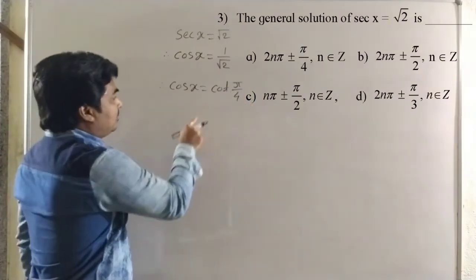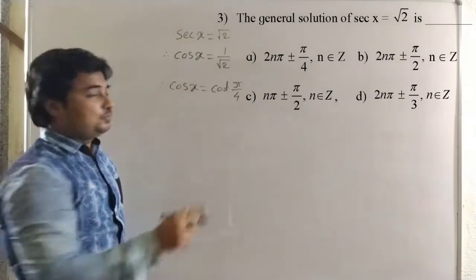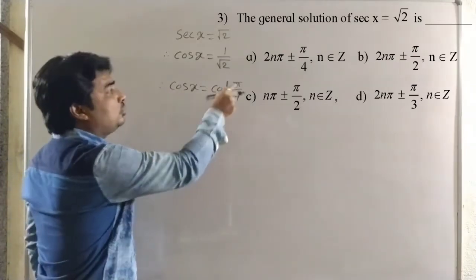Here we find the general solution in the form cos theta is equal to cos alpha.